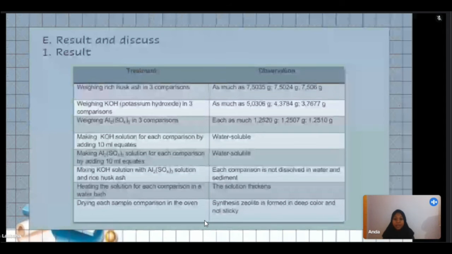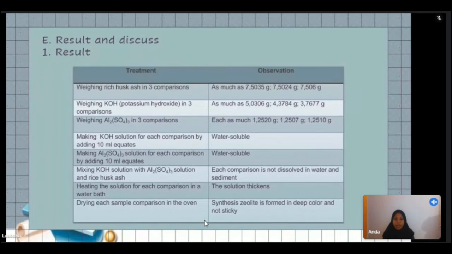Making KOH solution for each compression by adding 10 ml aqueous water solution. Making Al2SO4 solution for each compression by adding 10 ml aqueous water solution. Mixing KOH solution with Al2SO4 solution and rice husk.